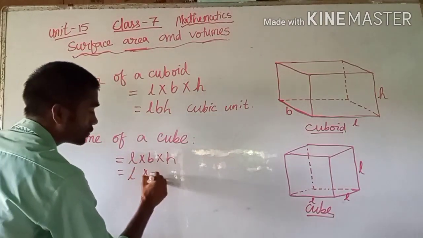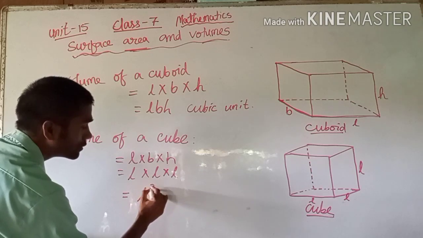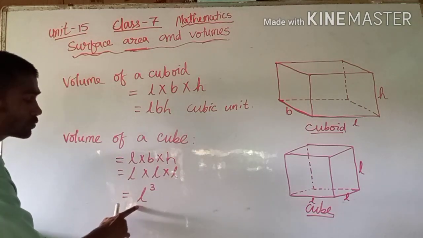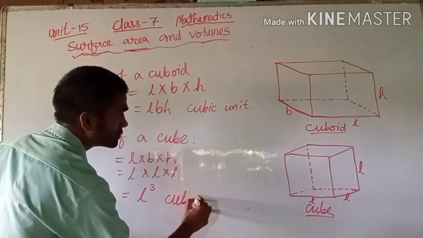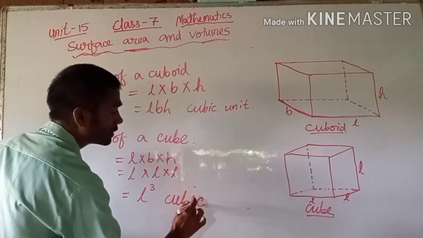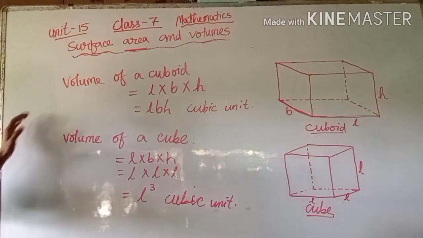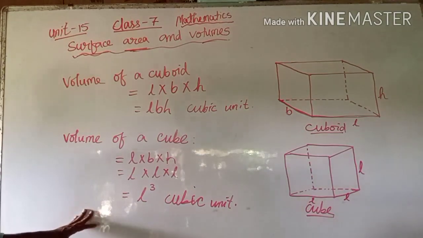So L into L into L will be equal to L cube. That means if we multiply L 3 times, it is equal to L cube. And here also we use the same thing, cubic unit. These are the two formulas that we are going to use in our first exercise.